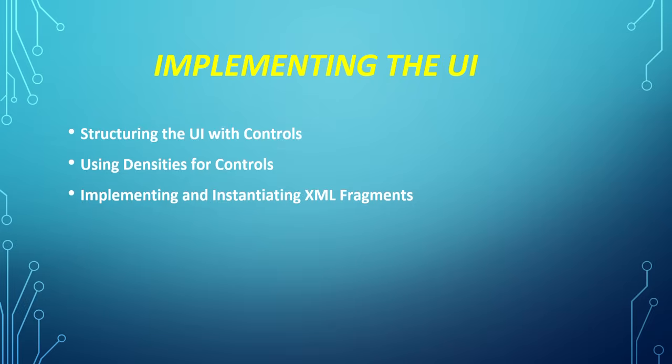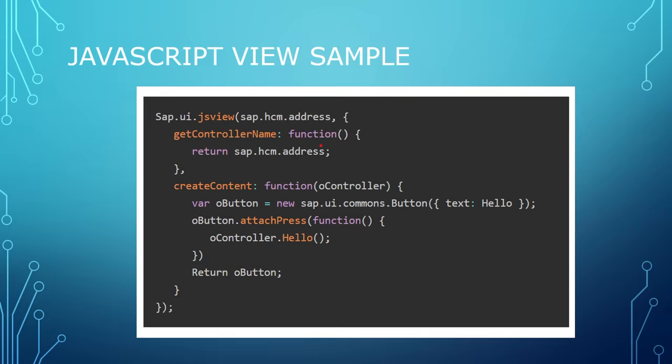In my previous video I already explained that there are 4 types of view. First, I will go with the JS view, which is called the JavaScript view. Here if you see sap.ui.jsview, it defines our UI programmatically, with hook methods like getControllerName and createContent.